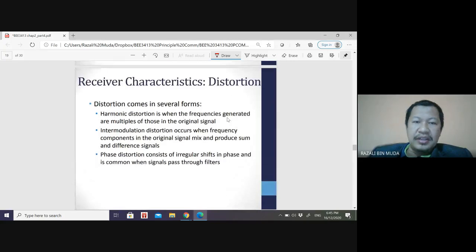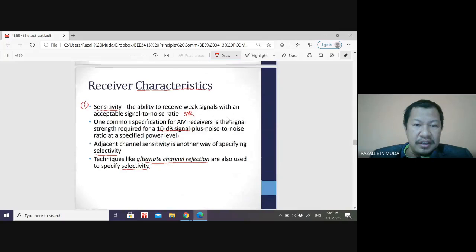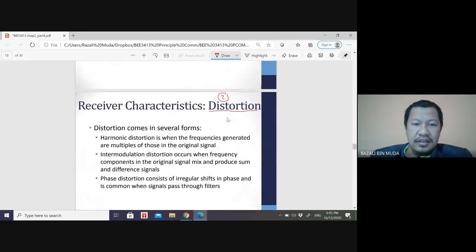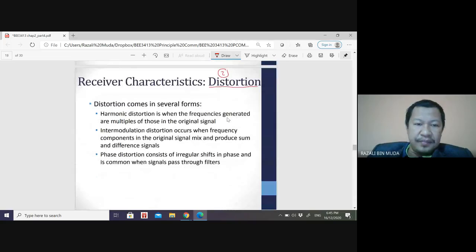Okay, the second characteristic is distortion. First is sensitivity. Second is distortion. Distortion comes in several forms. Harmonic distortion is when the frequencies generated are multiples of those in the original signal.